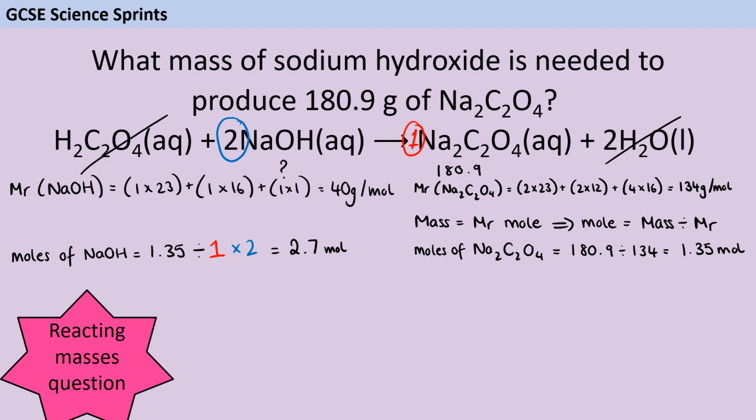We've already used that 2, that coefficient, for something else. We used it to show us how many moles there would be. This calculation is to work out what the mass of 1 mole would be. But we don't have 1 mole, we have 2.7 moles. So we now need to multiply that 40 that we just worked out by the 2.7 to give us a final mass of 108 grams, and that is my final answer.